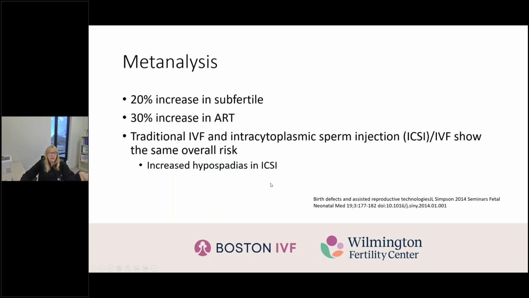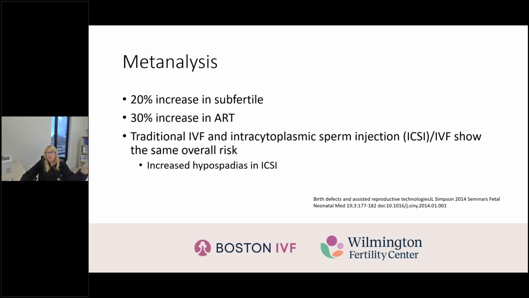Then there was a meta-analysis that looked at risk in subfertility, greater than a year to conceive, with a 20% increase, and then a 30% increase in assisted reproductive technology. And the main risk that we see with ICSI was hypospadias.